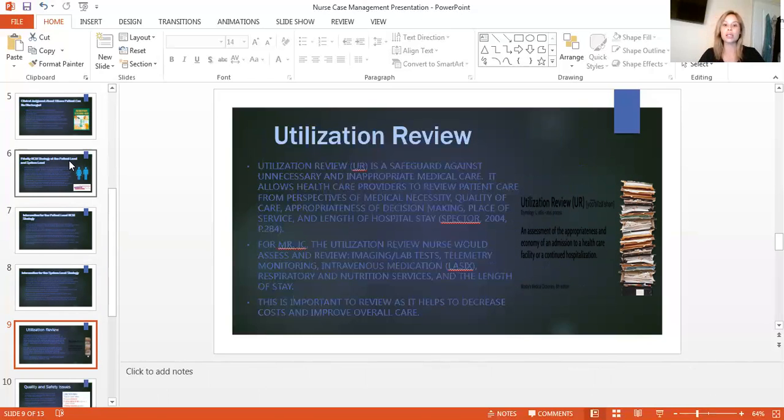So for Mr. JC, the UR nurse would assess and review, obviously, his imaging, lab tests, telemetry monitoring, IV medications like Lasix, respiratory nutrition services, and the length of stay. We want to make sure that the doctors are communicating with each other and not ordering double chest x-rays or lab tests that are unnecessary for the patient. So this is important to review as it helps to decrease costs and improve overall care.